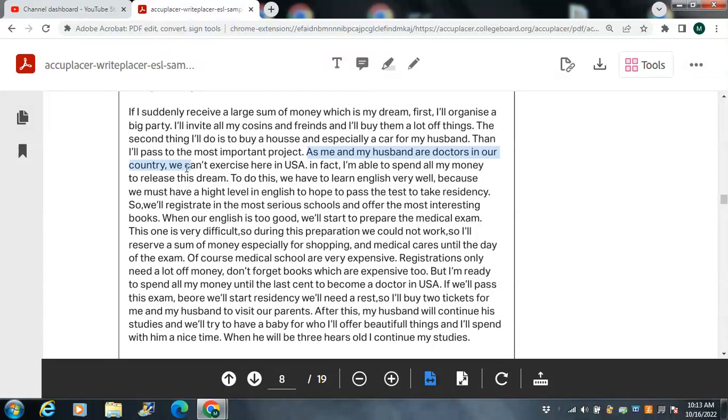We have a dependent marker, the comma is used correctly, and then we have the independent clause right here. Again, we go back to the contractions. We cannot exercise here in the USA. But the problem here is the grammar.